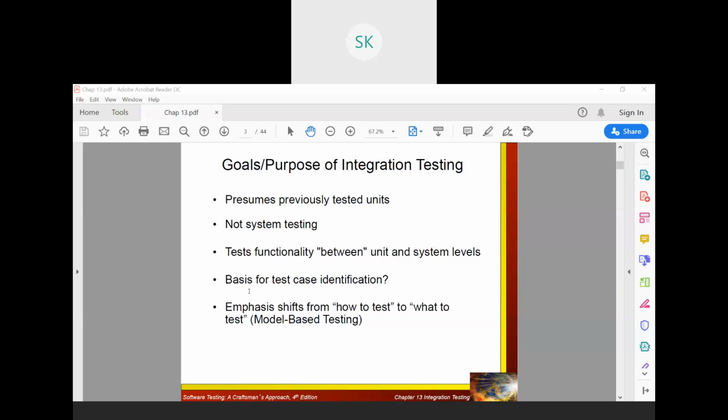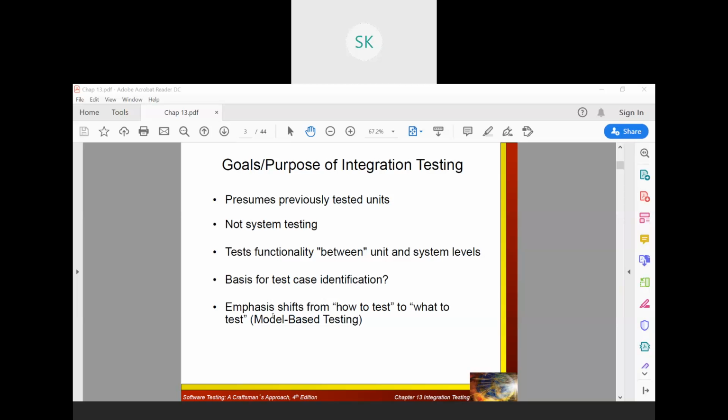Next, basis for test case identification. This is very important to know. Of course, yes, because once the unit testing is done and it comes to integration testing, there are a lot of modules available. Each module should give its own particular result. So for that identification, it is very important to know what this is all about.